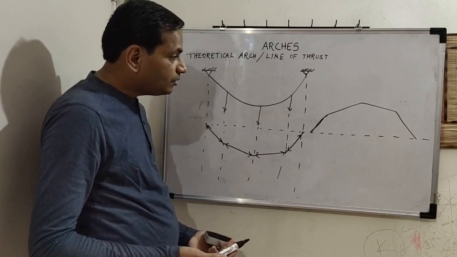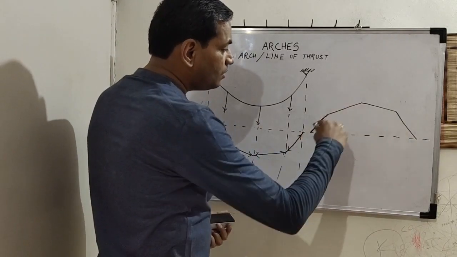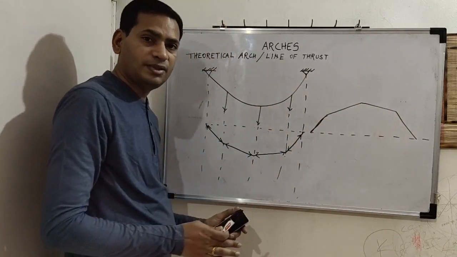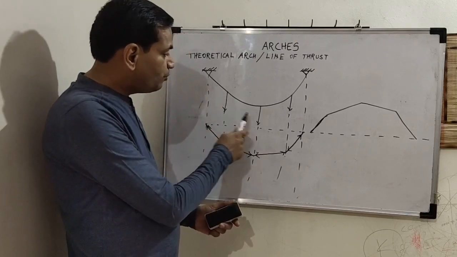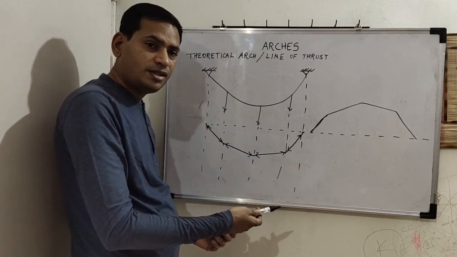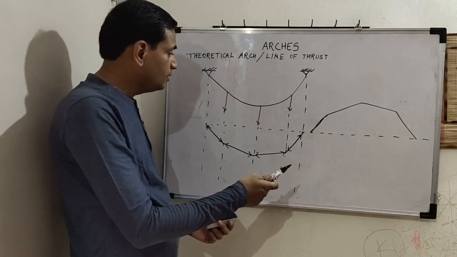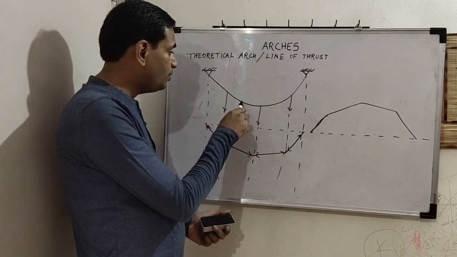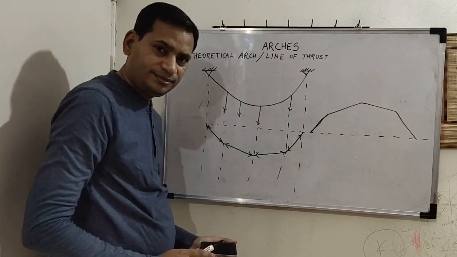So it is not possible to change this shape of the line of thrust, which is an ideal shape. For a particular fixed position of loading, yes, we can define the shape of the theoretical arch. But when you are shifting these loads, instead of this point load you bring this here, you cannot change this.